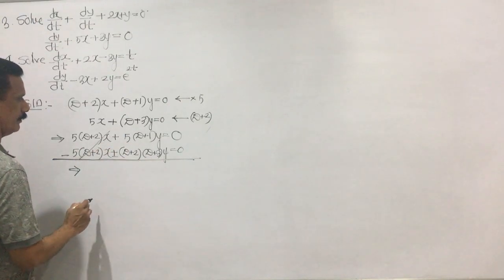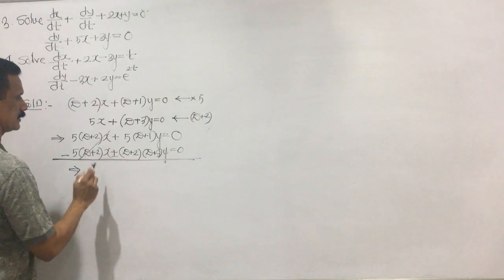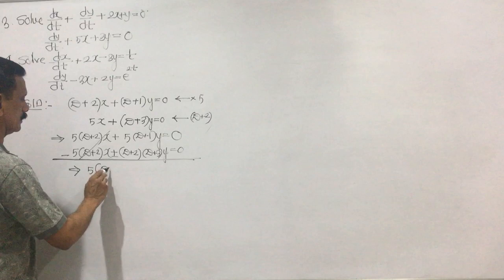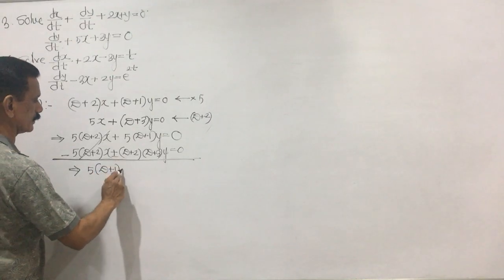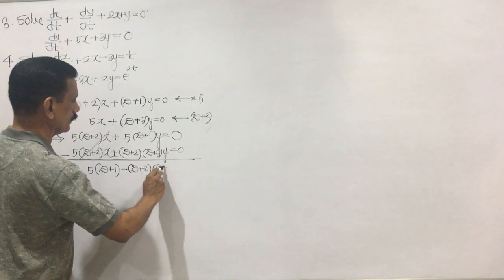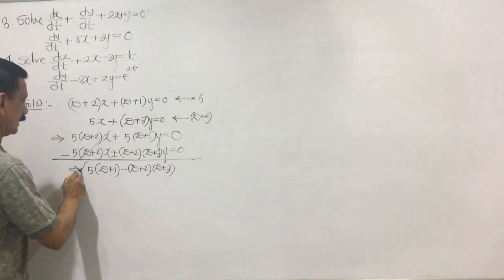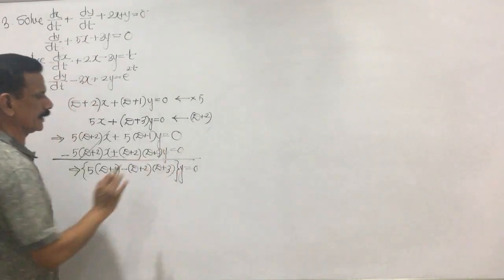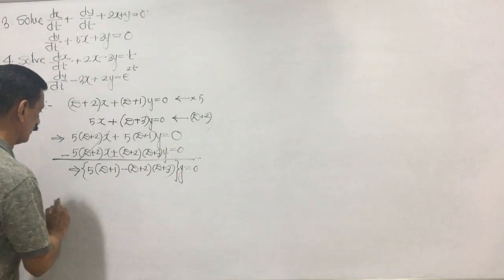So see here what we get. Taking y common, so this is minus, my dear friends. It is 5 into bracket D plus 1, and here minus D plus 2 into D plus 3, and taking y common we get here y, and on the right side 0 minus 0 is 0. Let us simplify this.